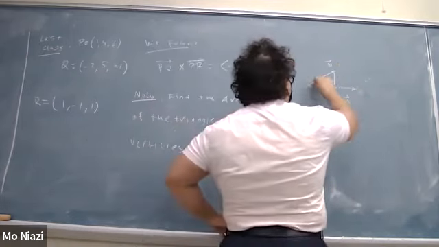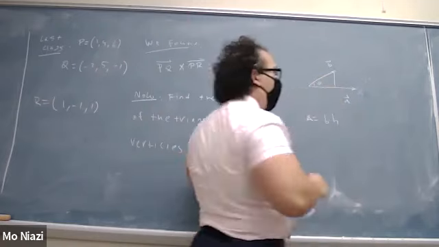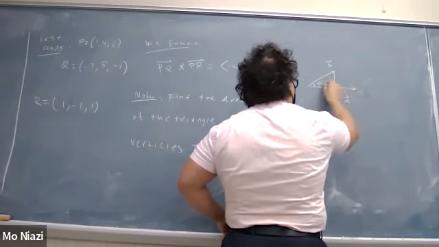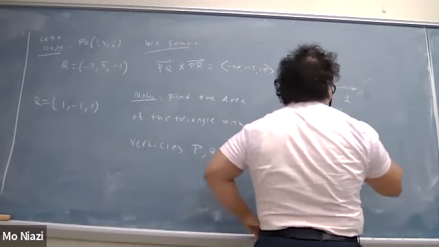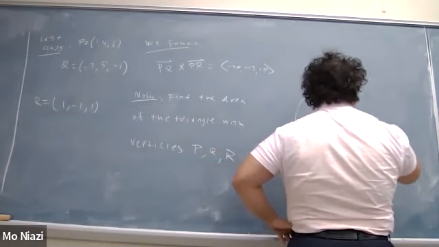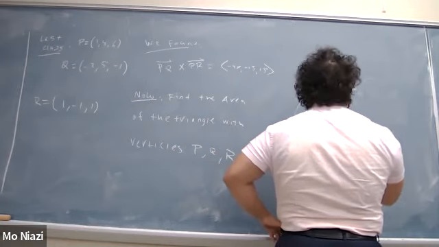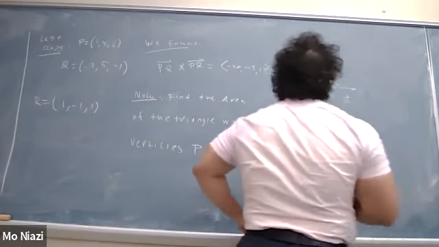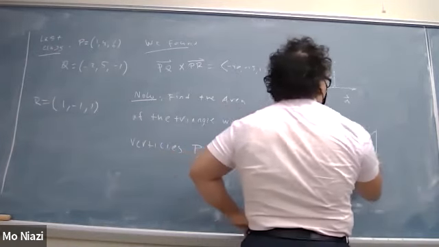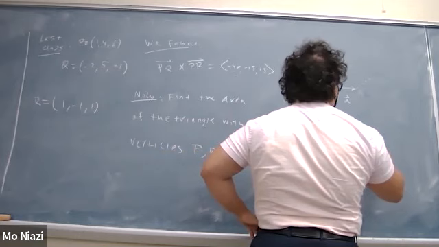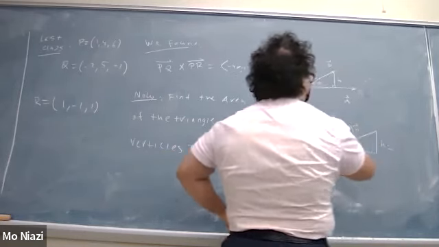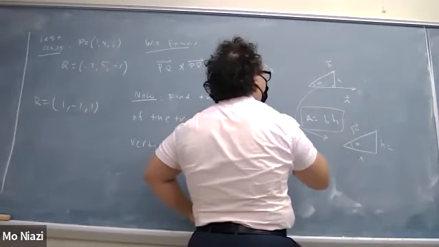Notice if this is some arbitrary angle theta, this makes a right triangle. And out of this right triangle, we have a magnitude triangle like so, where this is some unknown x. We don't really care. Really what we want to know is this h, because then we can calculate the area of a parallelogram.